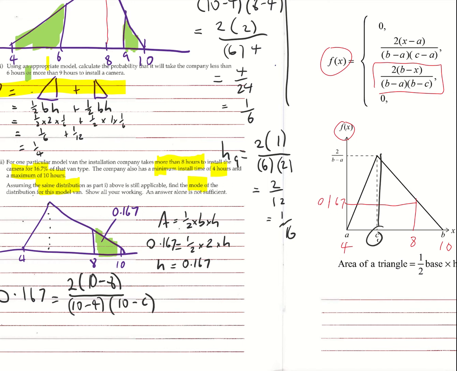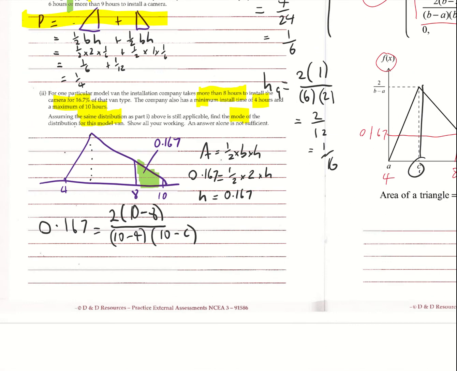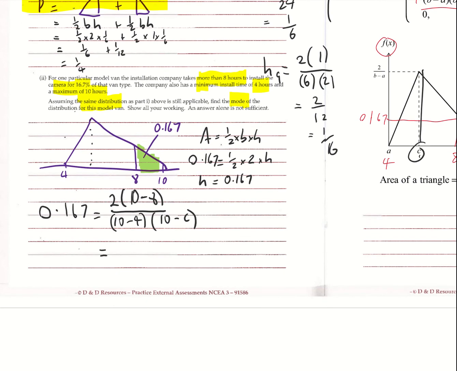Okay, and so you can see I've got an equation which I need to solve. 0.167, and I've got 10 minus 8 is 2, times 2 is 4, 10 take away 4 is 6, outside of 10 minus C. Oh, that's not a 6, that's a C.